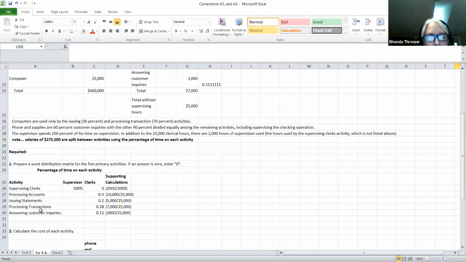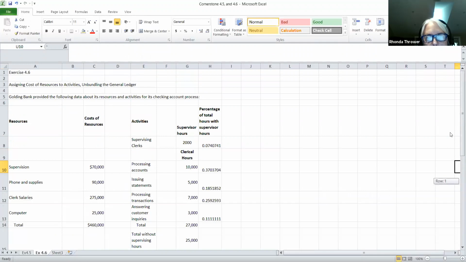For processing transactions, putting them in the journal, the ledger, doing the trial balance, things like that, getting ready to issue the statements, it's going to take 7,000 hours that was given.